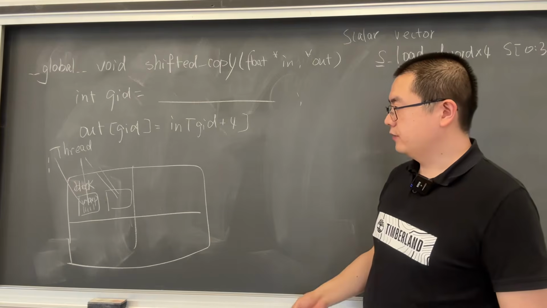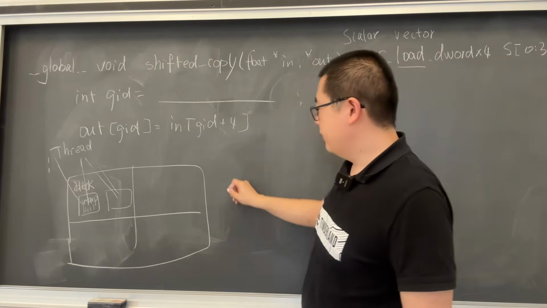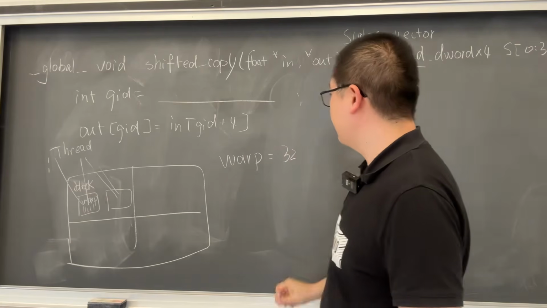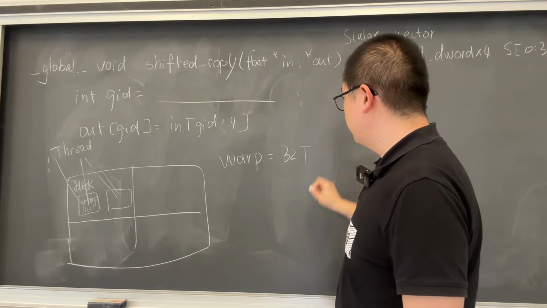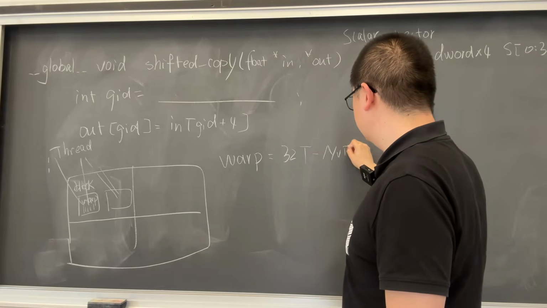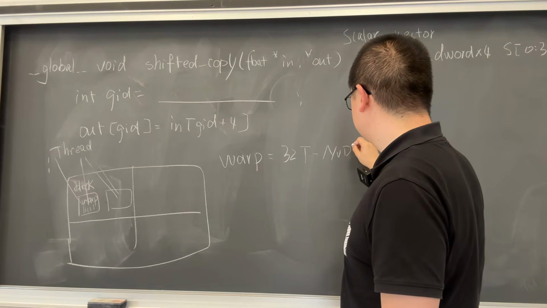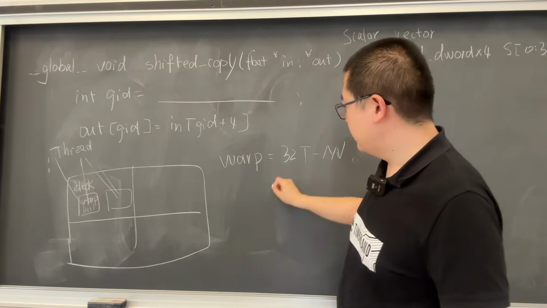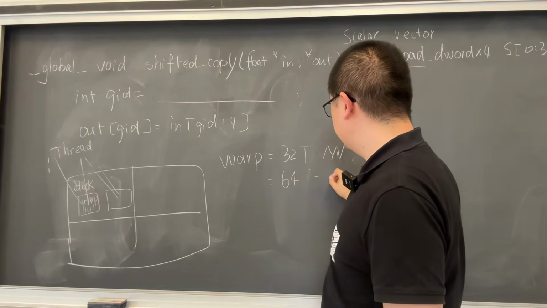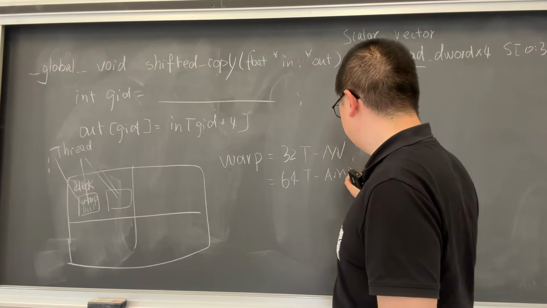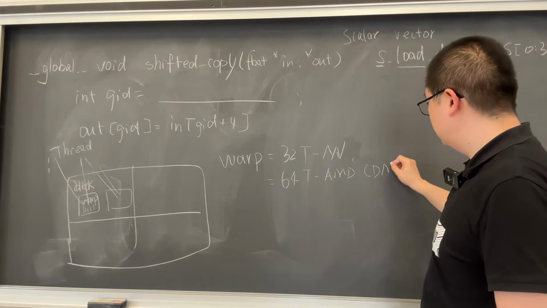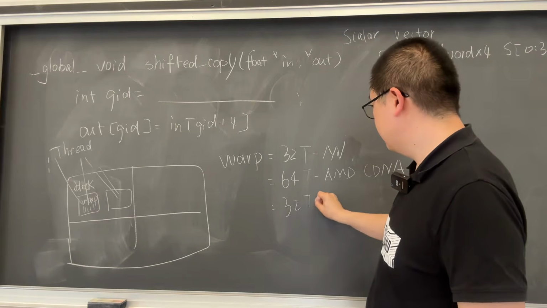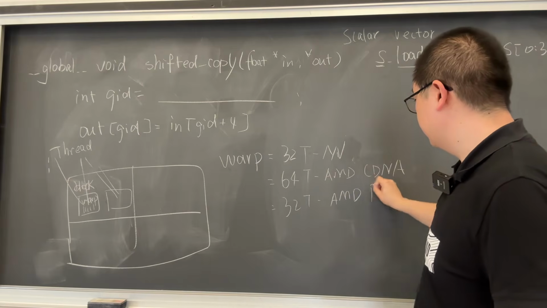Okay, but I want to give you a typical number. A warp equals 32 threads in NVIDIA GPU. Then it equals 64 threads in AMD CDNA architecture, and also equals 32 threads in AMD RDNA architecture.